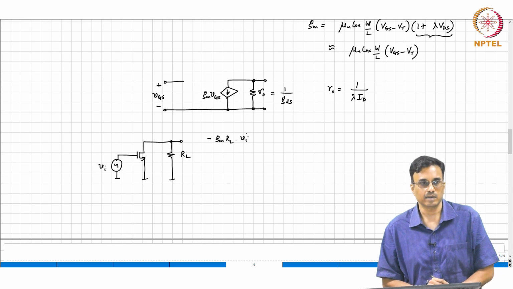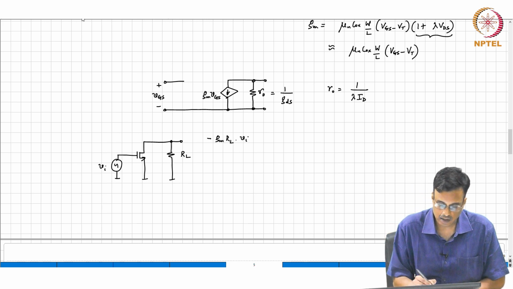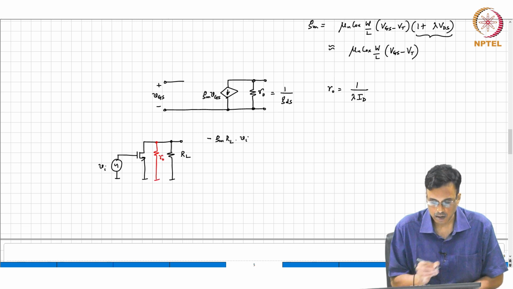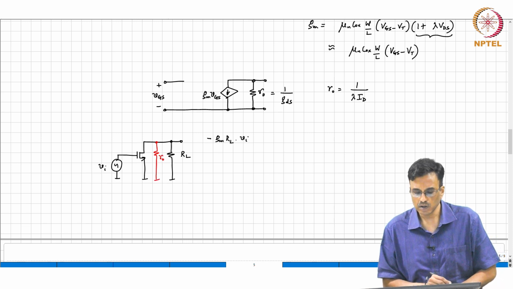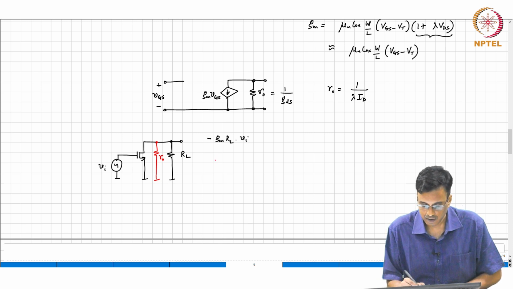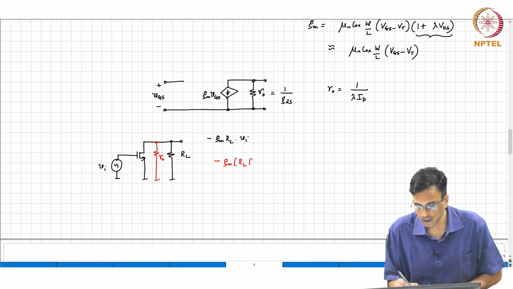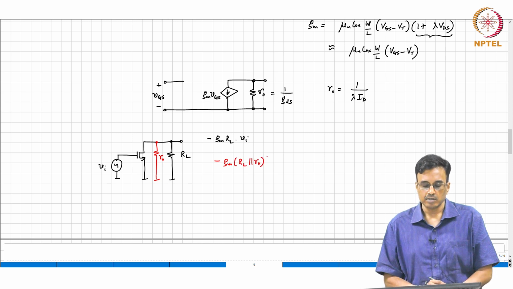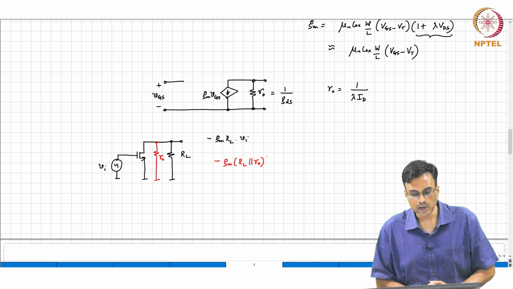Now, what happens? We have an extra resistance here, which is a part of the transistor, RO. So, what comment can you make? The gain is now minus GM times RL parallel RO. Earlier in principle, what is the maximum incremental gain that you could get?